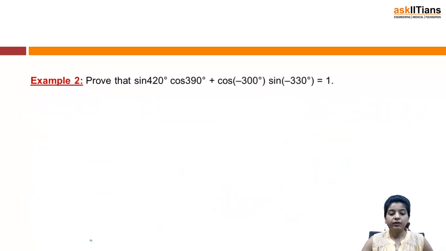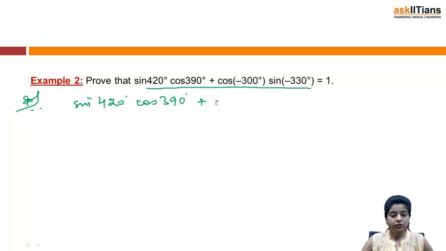The next question says, prove that sine 420 cos 390 plus cos minus 300 sine minus 330 is equal to 1. So again I begin with this side: sine 420 cos 390 plus cos minus 300 sine minus 330.